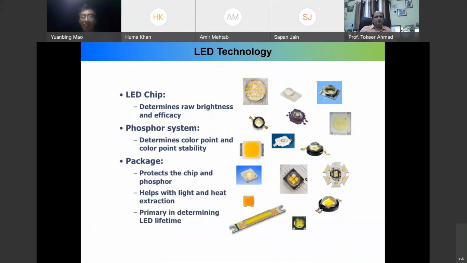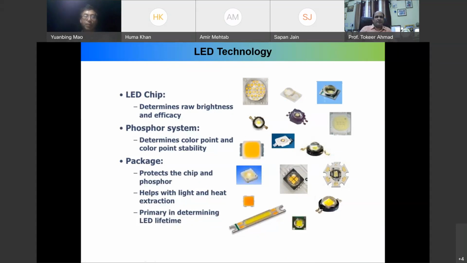So again, as I mentioned earlier, for solid state lighting there are three major components. Firstly, the LED chips, and then we cover them with the phosphors. And other than that, we also need to package it.